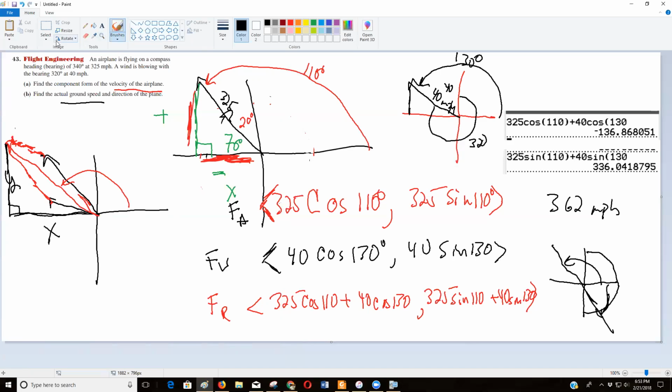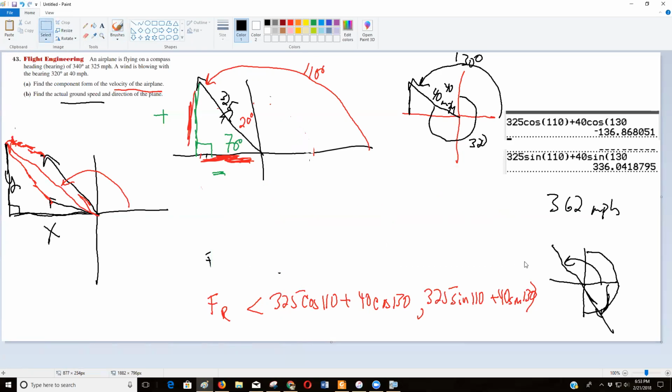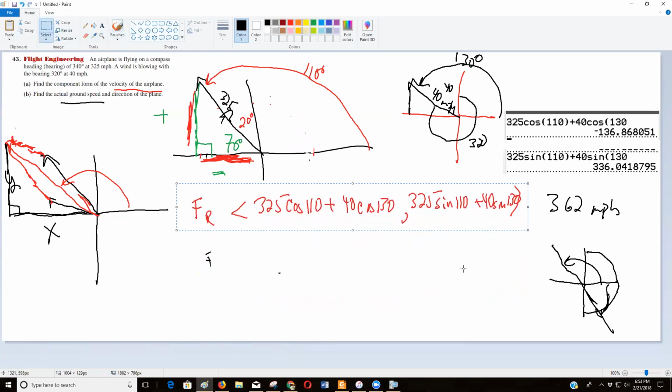Okay, so let me do some erasing here. So what I need to do is do the arctan of the y divided by the x. And of course, I've already done that earlier.